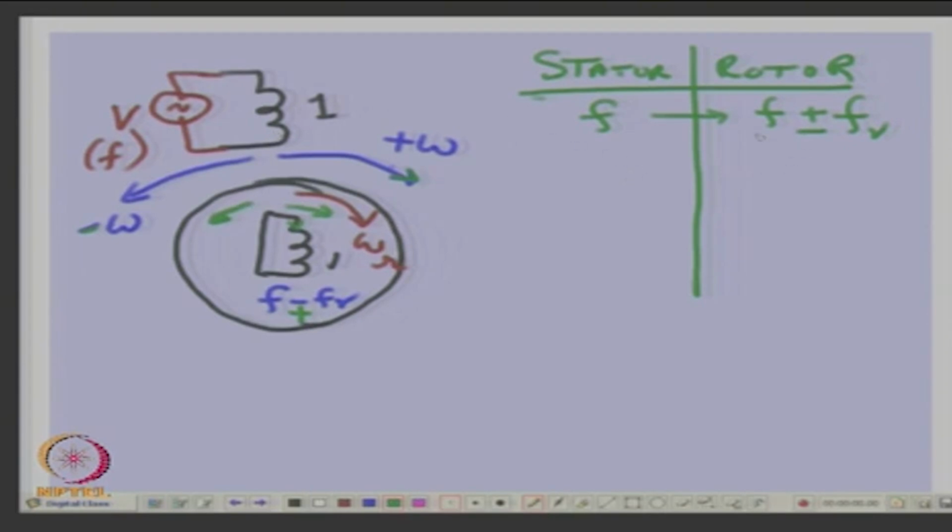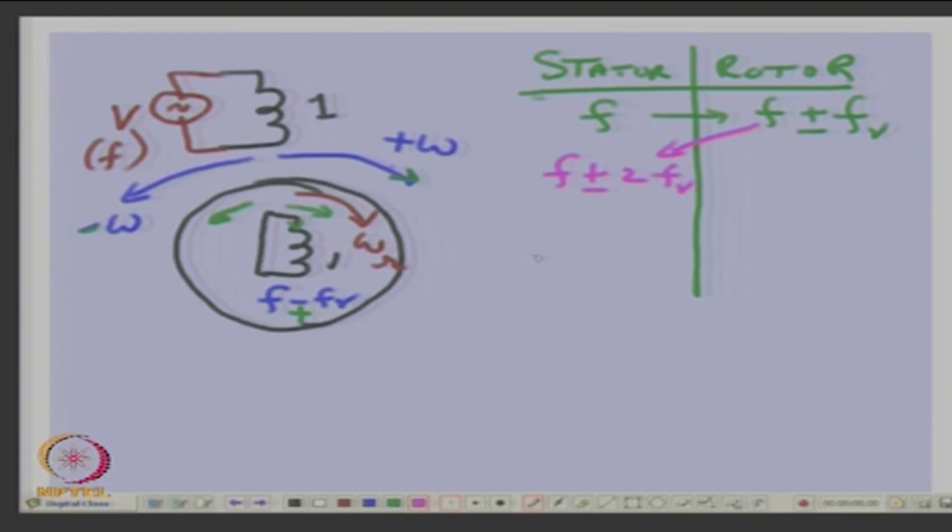So, from here this may give rise to F plus or minus 2 Fr. There again are two currents, and both of these currents will give rise to two fields each, one forward and one backward.